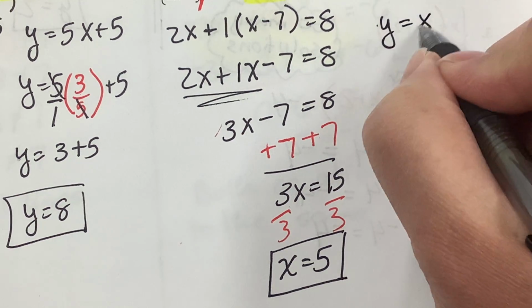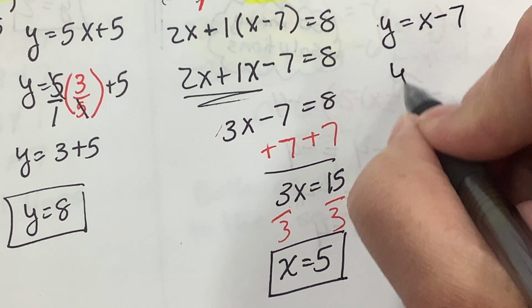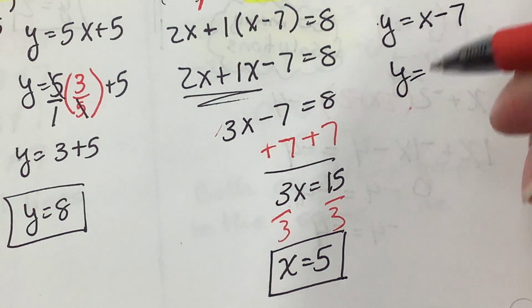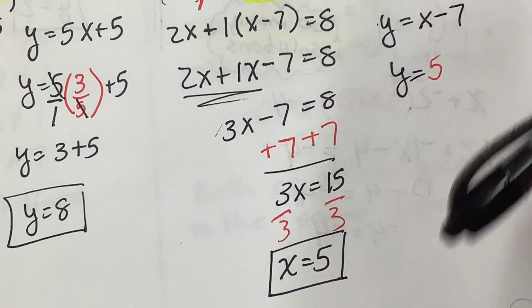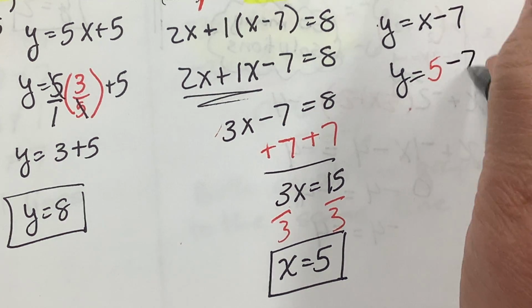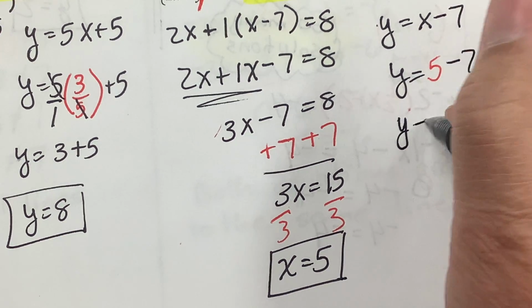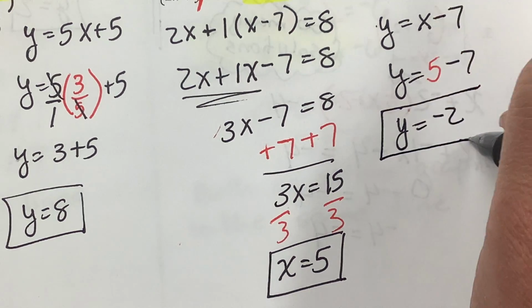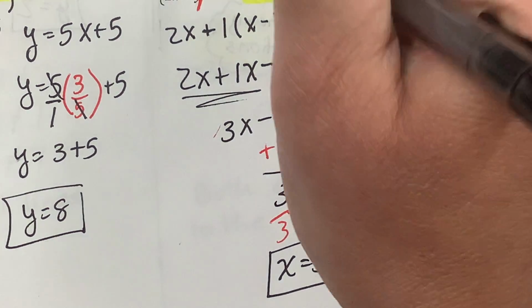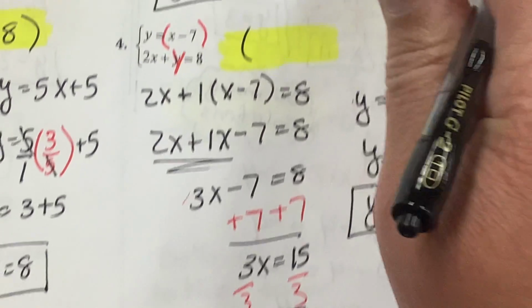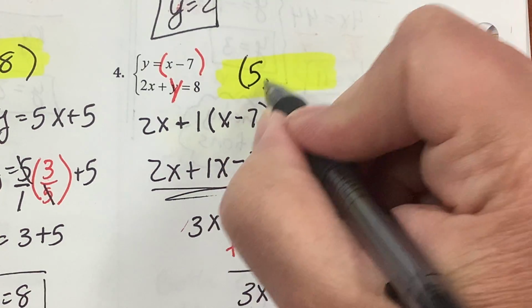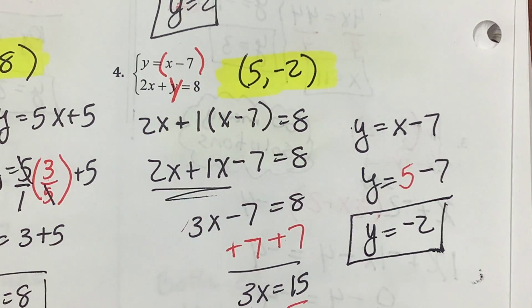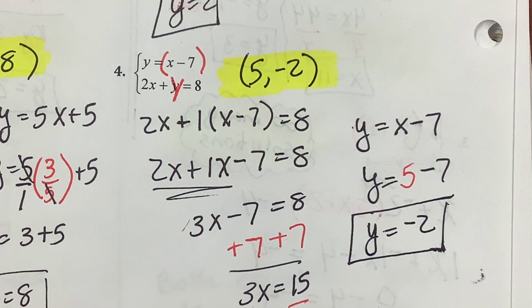Y equals x minus 7. Y equals, where the x is, you substitute 5 minus 7. 5 minus 7 is -2, so y is -2. X is 5, y is -2. So up in the yellow, 5, -2, because the solution is always a pair of numbers.